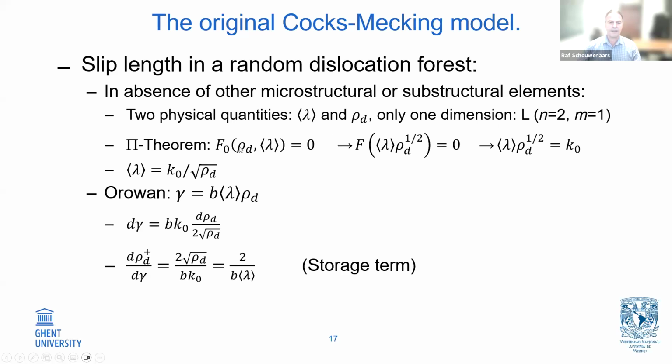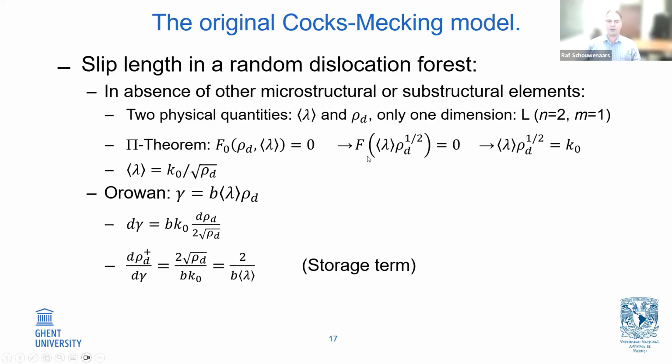So we find that this function of this non-dimensional quantity has to be equal to 0. But as a function is 0 for all possible values within this argument, either the function is 0 or it's a constant. So we find that there must be a simple proportionality. There is no other solution possible as long as we don't have any other substructural elements.